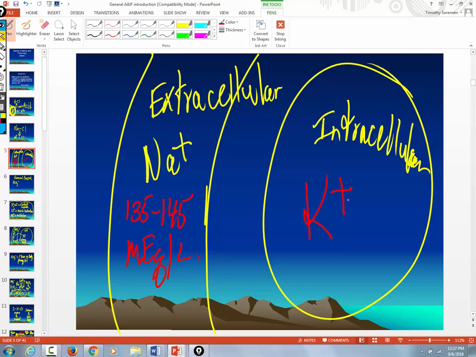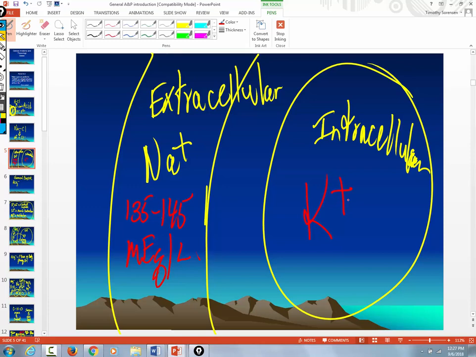Stuff in the blood. So which would be higher, the blood level of sodium or of potassium?